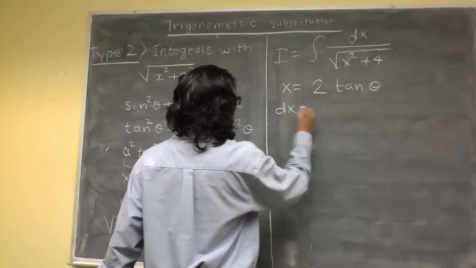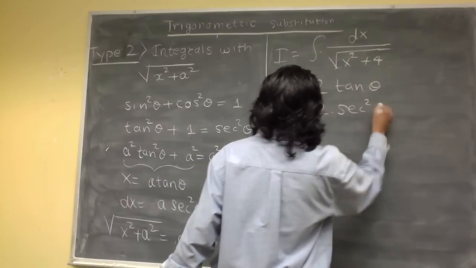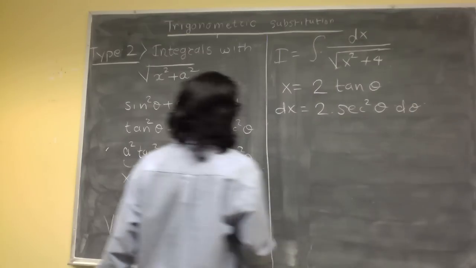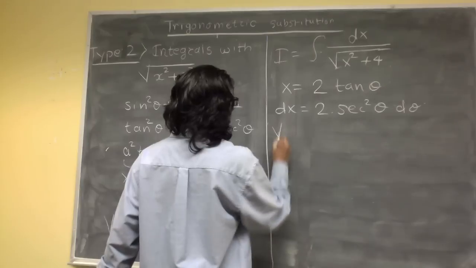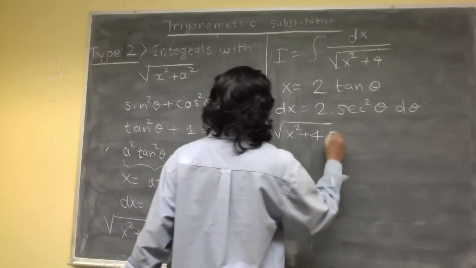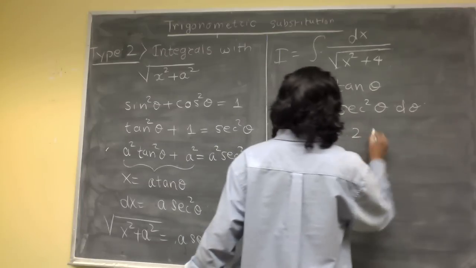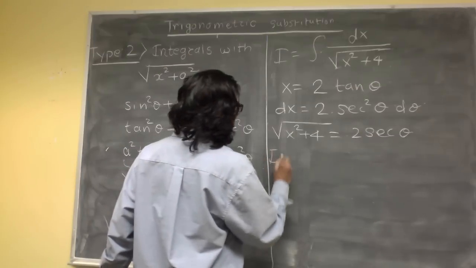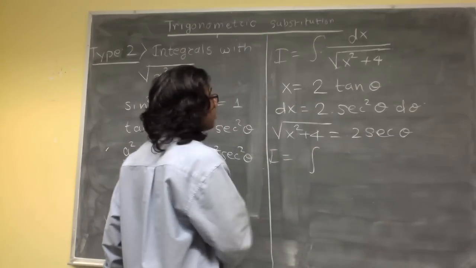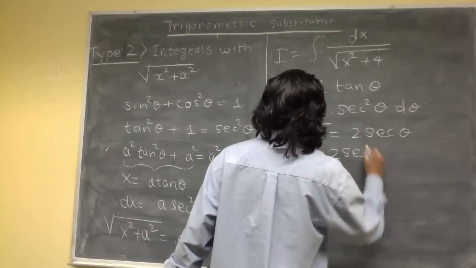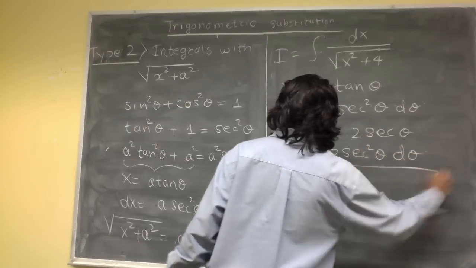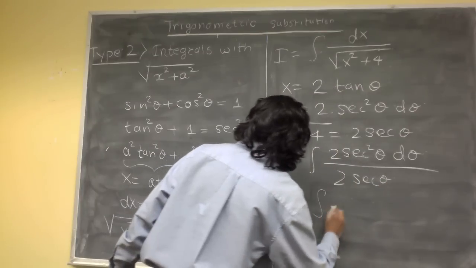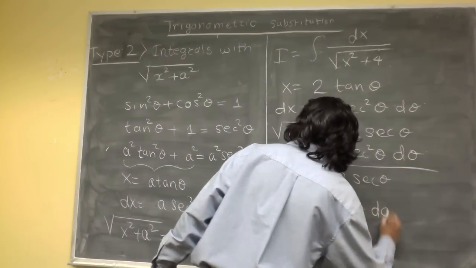Therefore dx is 2 times secant square of theta d theta, and square root of x squared plus 4 becomes 2 times secant of theta. Very well. So my integral becomes integral of 2 times secant square theta d theta divided by 2 times secant theta, which is integral of secant theta d theta.